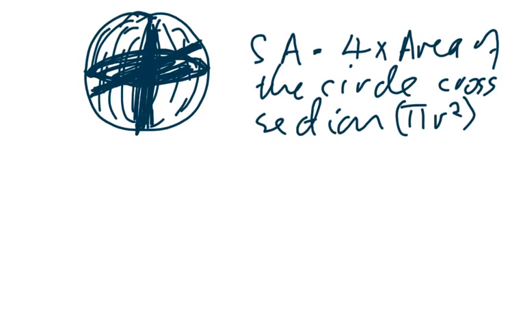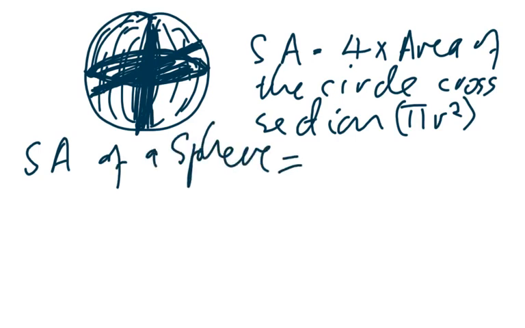And that's why the surface area of a sphere, A of a sphere, is equal to 4 times pi r squared. No, what am I talking about? There's no h. There's no height here.